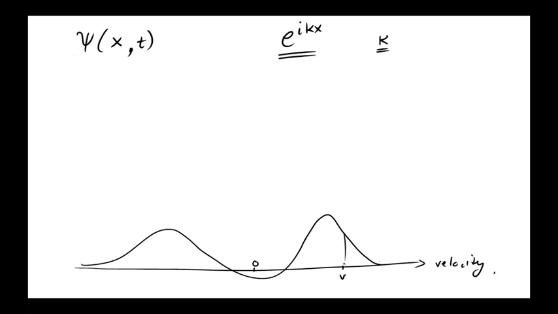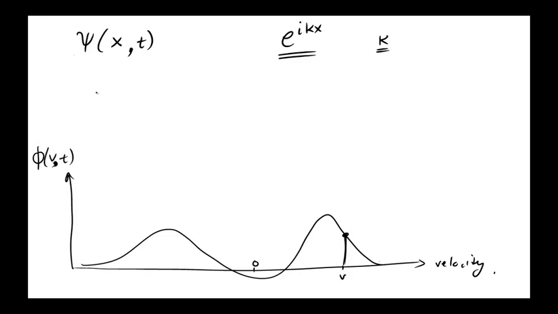And the answer would be it's this much. So this is the amplitude. Let me call it phi of v comma t.